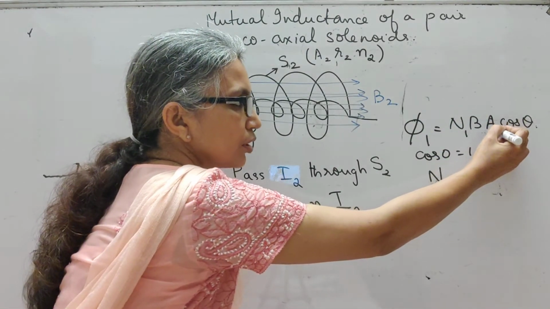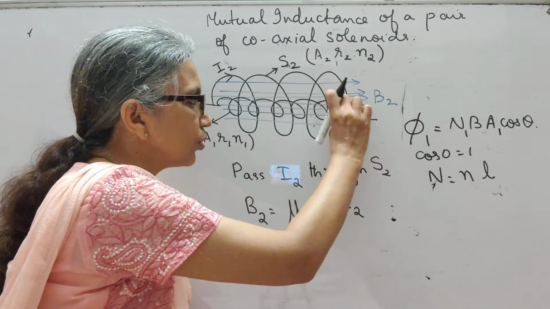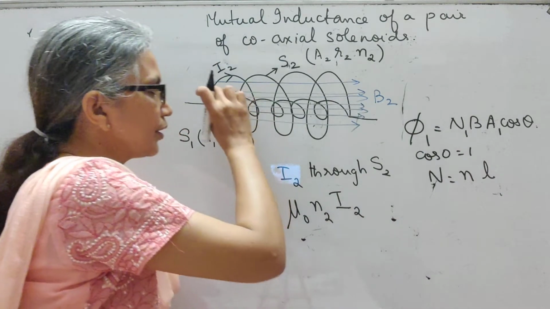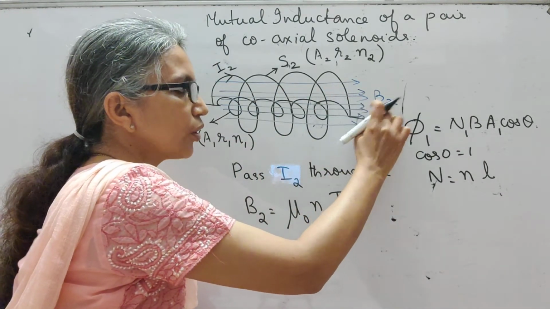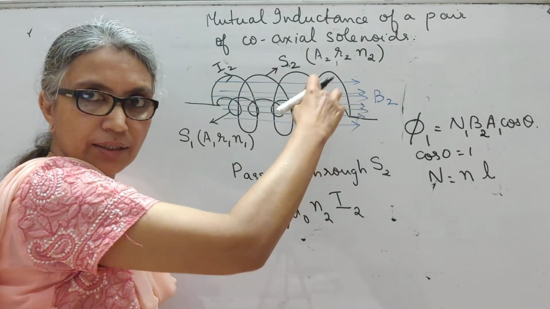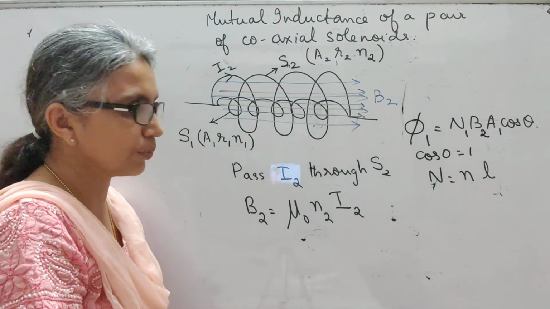And area of cross section also we will put A1. But the magnetic field that is passing through the smaller one is B2, because only the bigger one is carrying current, and it is that magnetic field that is passing through the inner one also.